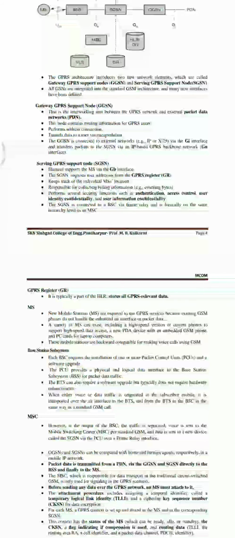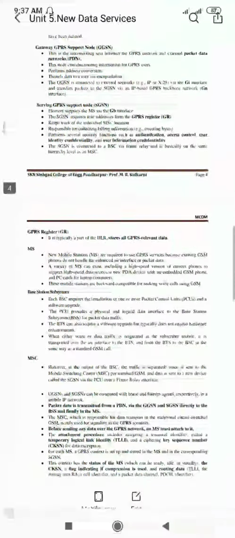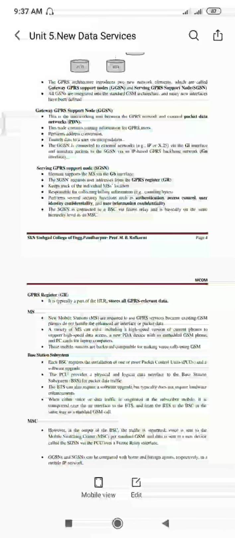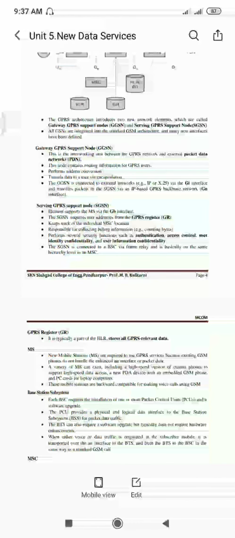is GR, which is the inbuilt part of HLR. As we have already seen in the GSM architecture, HLR stands for home location register, which maintains the information of all the GSM users of that service provider.